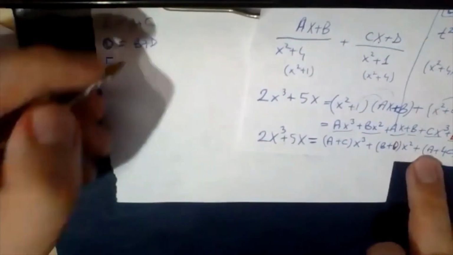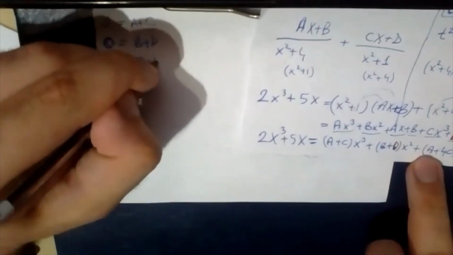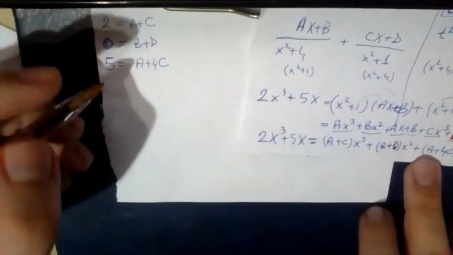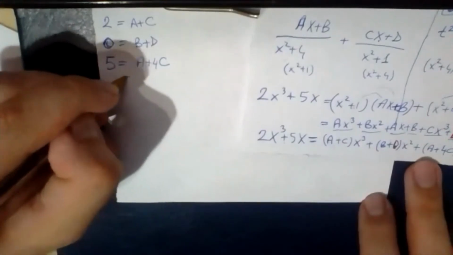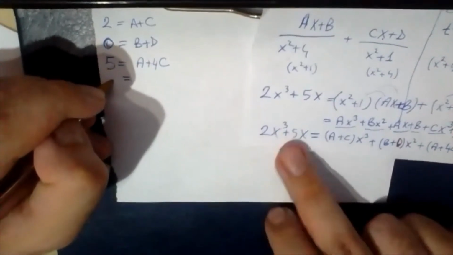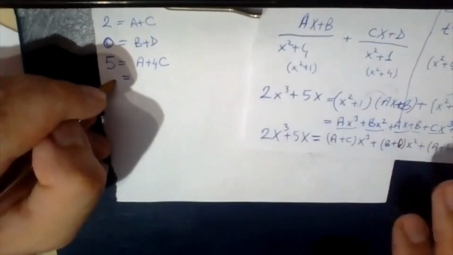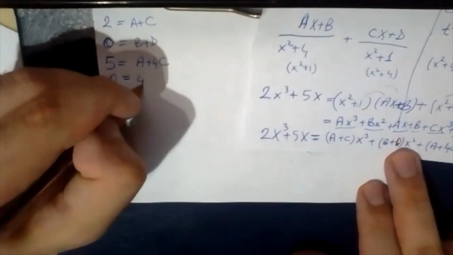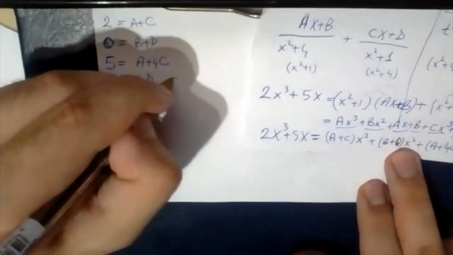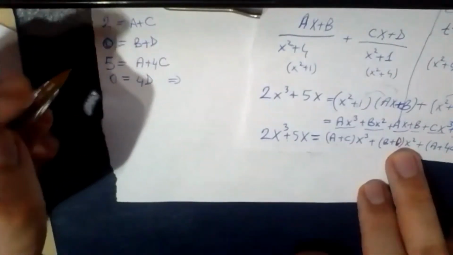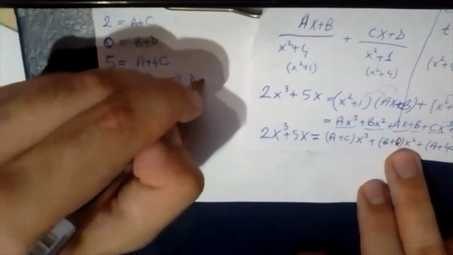On the right hand side, a plus 4c. The coefficient of x to the 0, constant numbers, does not exist on the left hand side, but 4d on the right hand side. So from the last equation, we can find d is equal to 0.